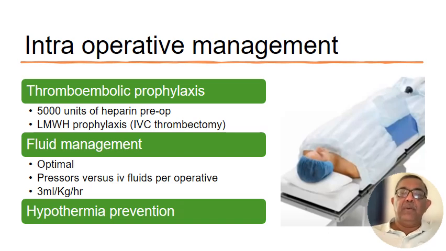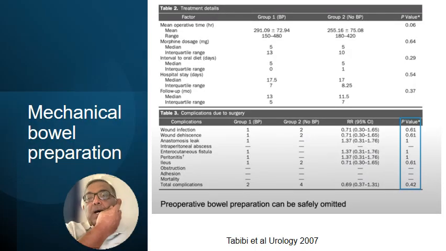And hypothermia prevention, again, is something that we need to do. Now, mechanical bowel prep, as I have said earlier, is now outdated, and except for colorectal surgery and colonic surgeries, and where colon is being used by the urologist for reconstruction, the mechanical bowel prep is no longer used.